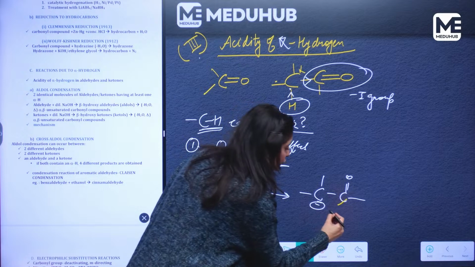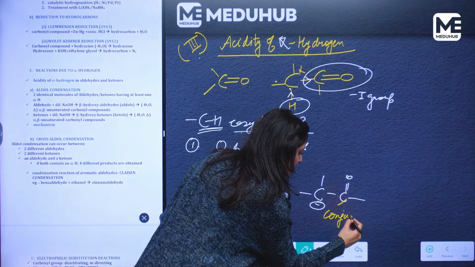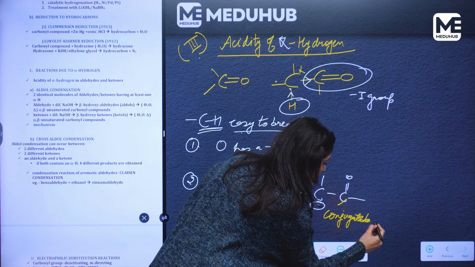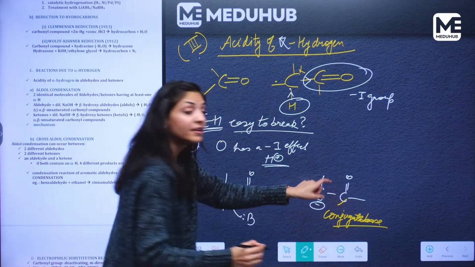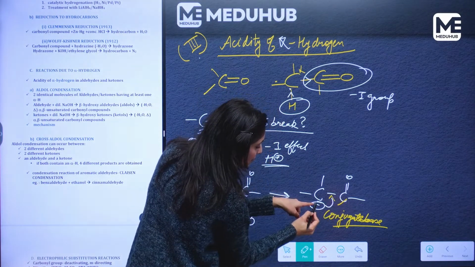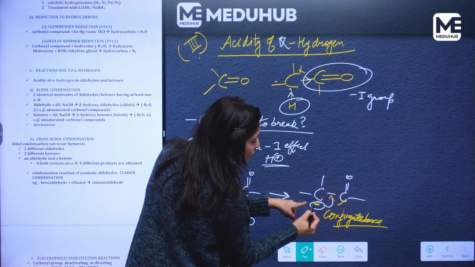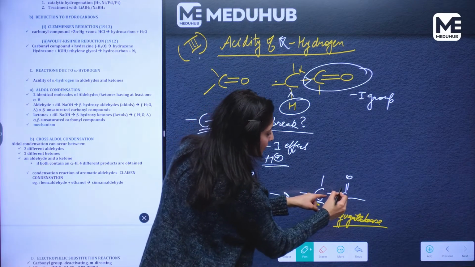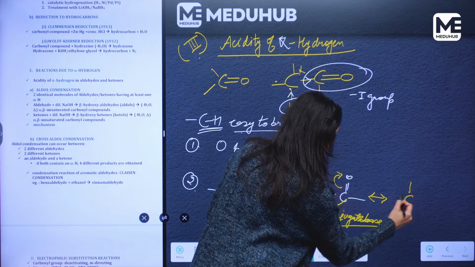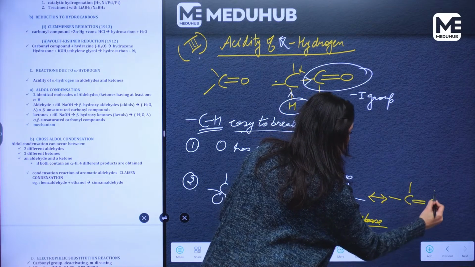This is the conjugate base of this acid, which is an anion, a carbanion. This carbanion is resonance stabilized because this negative charge or this pair of electrons can move here and this one moves here. So we can draw another resonating structure for it, which goes like this.